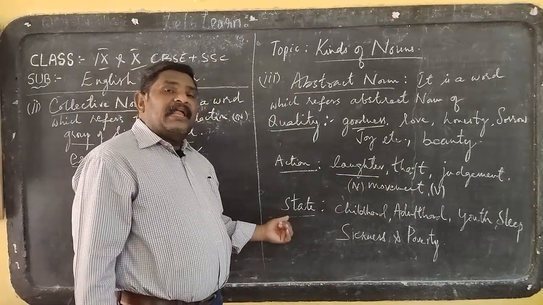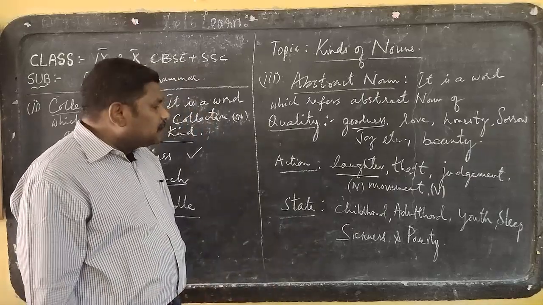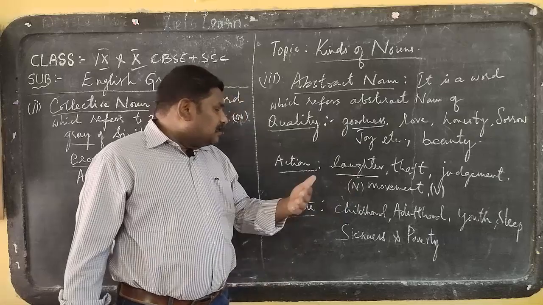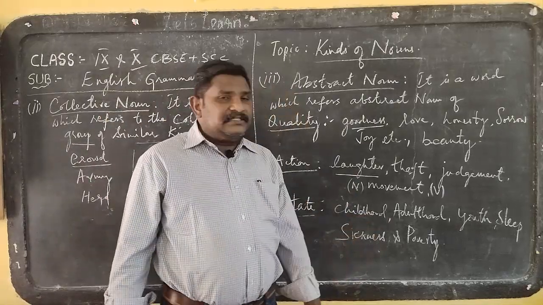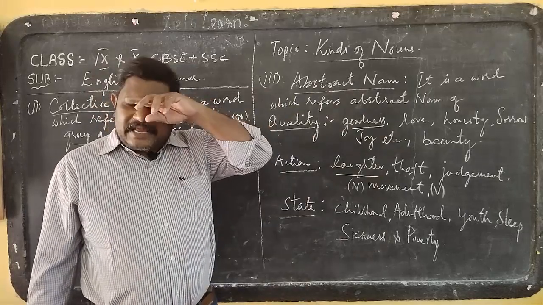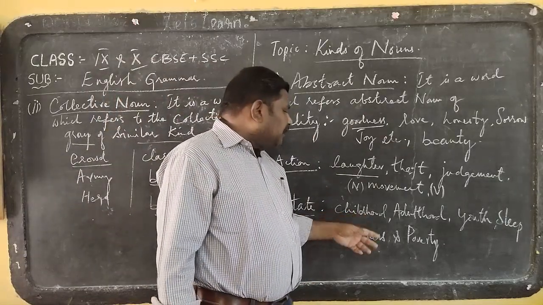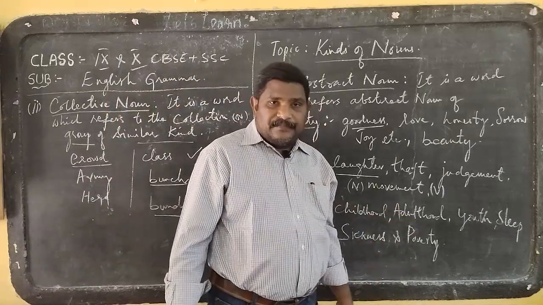Next, let us come to the abstract noun of state. What is this abstract noun of state? It shows the condition, the state of that particular thing, like childhood, then adulthood.